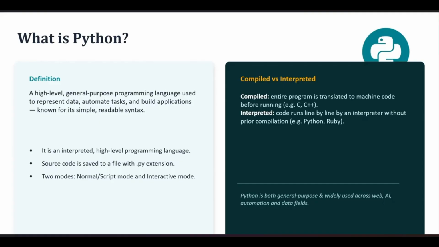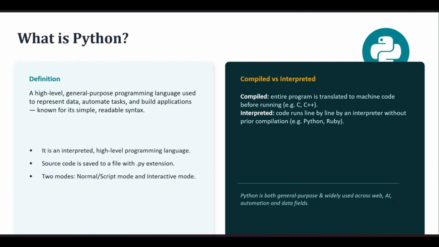First of all, high-level language means Python is easy for humans to read and write. The syntax is very simple, so beginners can understand without much difficulty. Second, interpreted language means Python executes the program line by line.